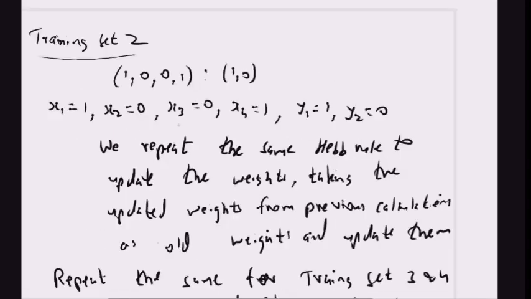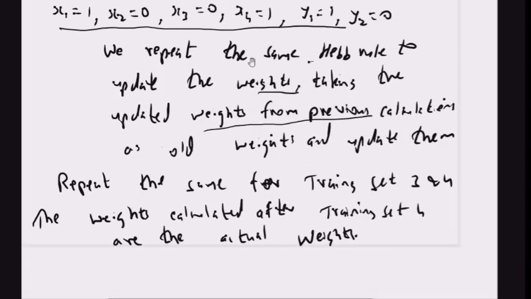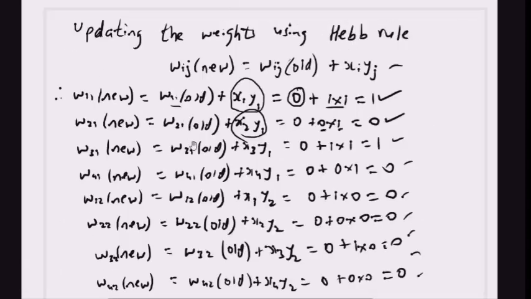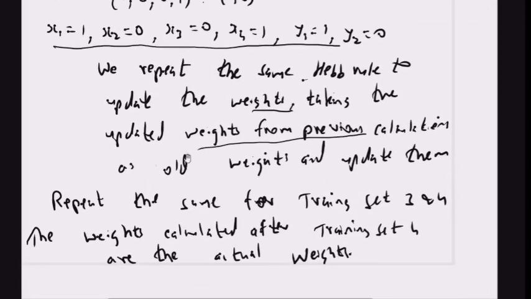We repeat the same Hebb rule to update the weights, taking the updated weights from the previous calculation as the old weights. So the weights we got in training set 1 will be used as old weights in this case, and we find a new set of weights. Repeat this for training sets 3 and 4.